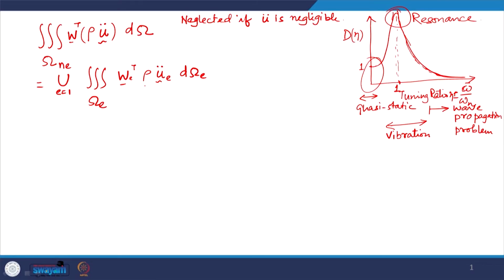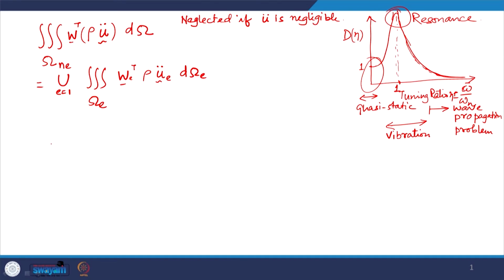So, in order to evaluate this within the domain, what we did in the case of the other integral, the stiffness matrix, was defined as the strain displacement matrix transpose, the constitutive relation matrix, multiplied by the strain displacement matrix, and this entire product is integrated over the element domain.